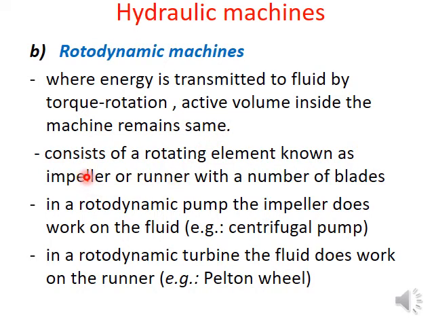These rotodynamic machines essentially consist of a rotating element inside, known as impeller or runner. And this impeller or runner has vanes or blades. So it is a disc with a number of blades in it.